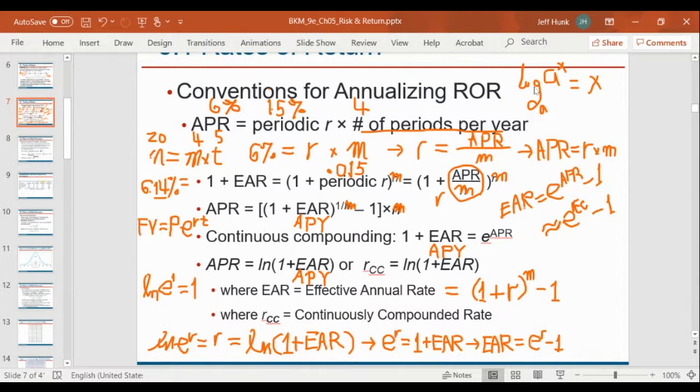If this is log of 100 to base 10, which is log of 10 squared to base 10, and log of 10 to base 10 is 1, because 10 to the power 1 is 10 itself.